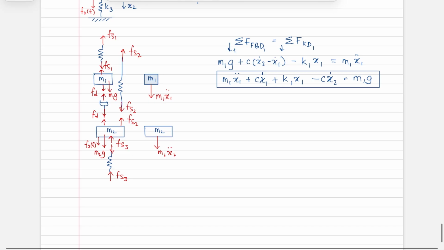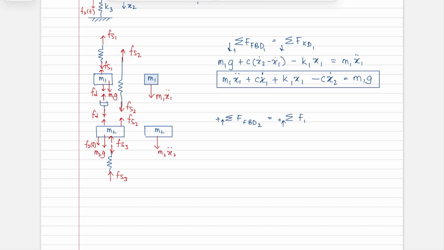Okay, and then next you have for the second object, let's say in this case, I choose to do it upward. All that matters is that it has to be in the same direction for both sides of the equation.